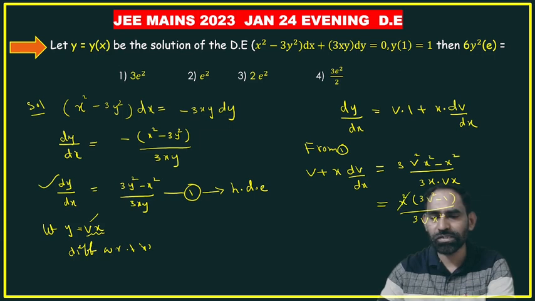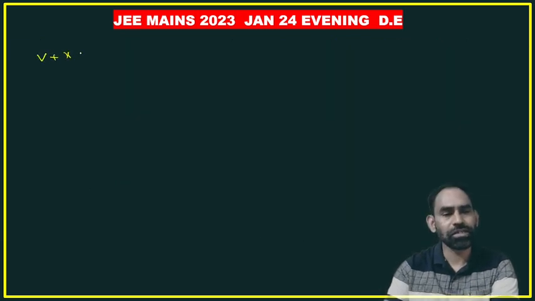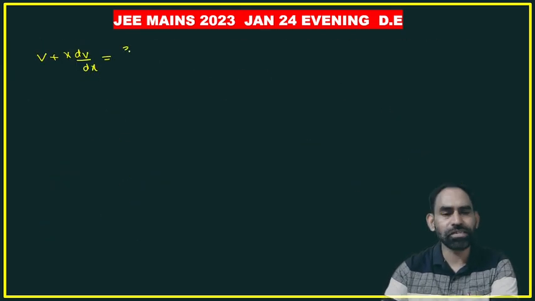Now x square gets cancelled. Therefore v plus x into dv by dx equals (3v square minus 1) by 3v.